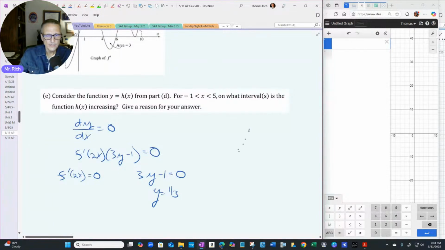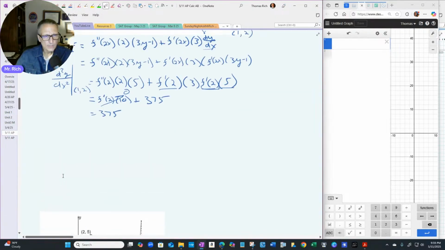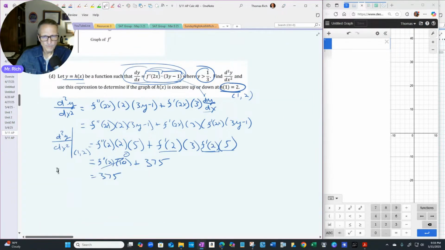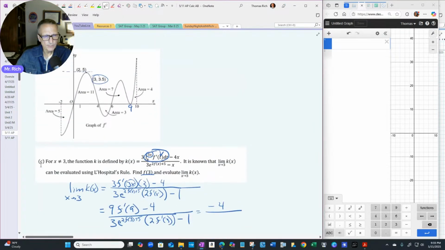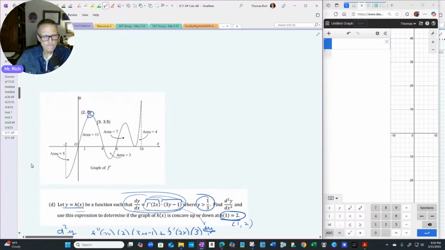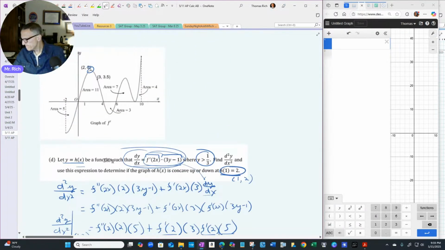So that's not going to yield any of our critical values then. And so when would f prime of 2x be 0? I'm not sure about that one.